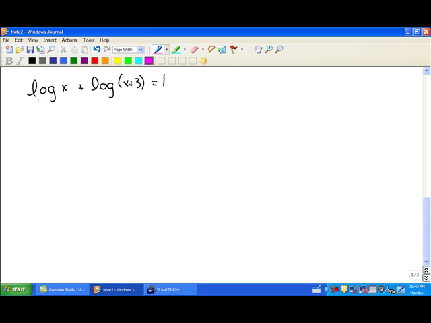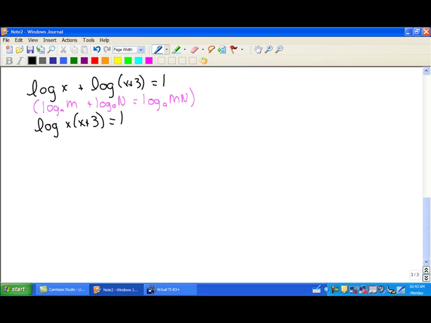Remember the property that says log base a of m plus log base a of n contracts back to a single logarithm of a product. That tells us in this problem that we can go back to the log of x times x plus 3 is equal to 1.